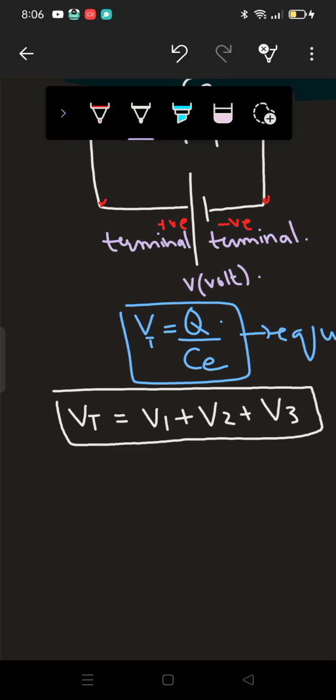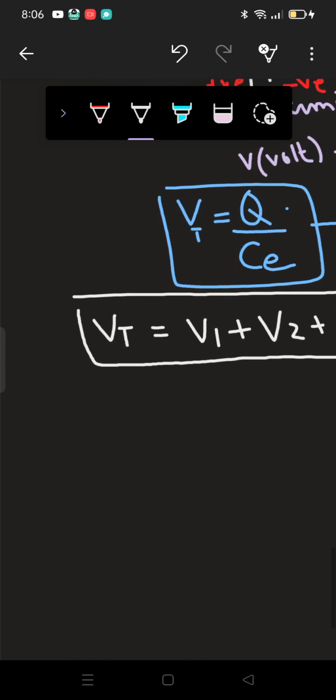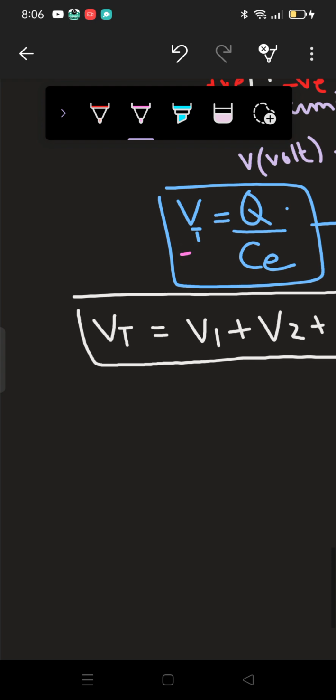Providing the values of V1, V2, V3, we are replacing all those values in this equation. We have already found our Vt value.